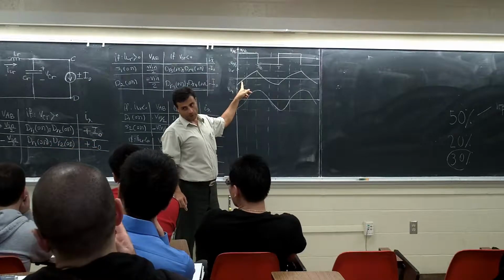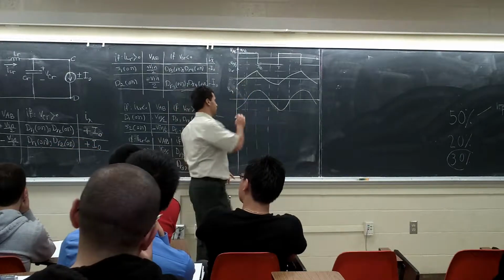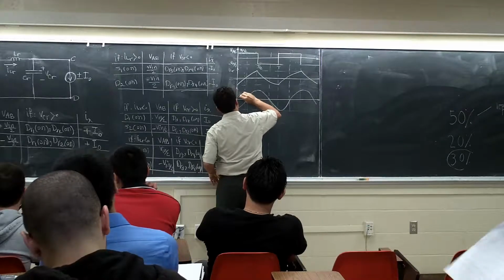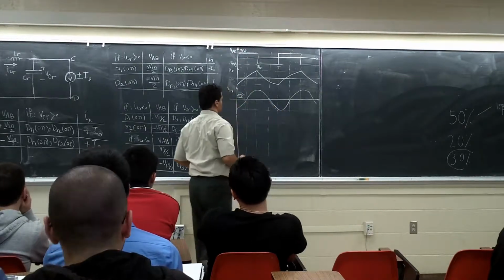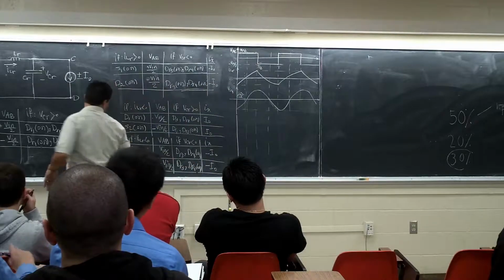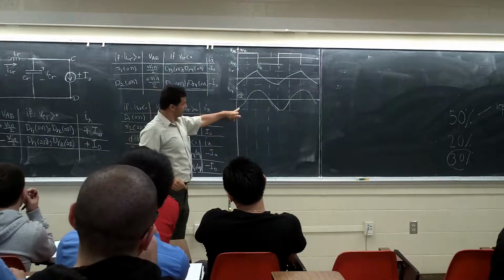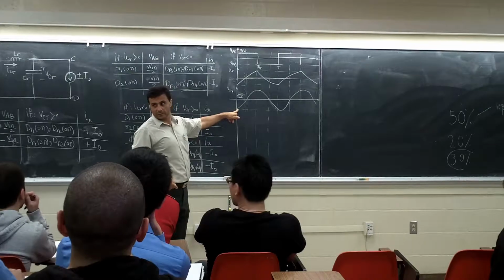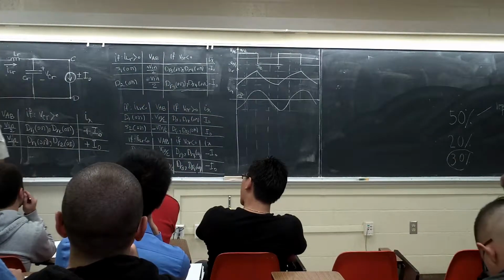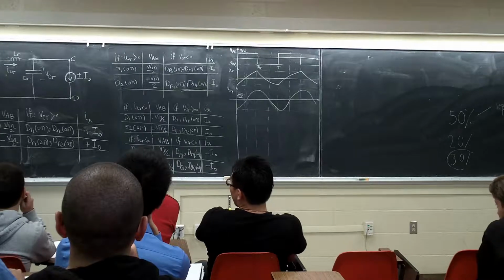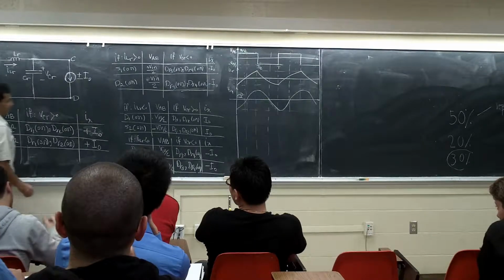So basically D1 is on. So here we have D1 on, and who else? Now, let's look at here. VCR is negative, so which ones are on? DR3 and DR4.